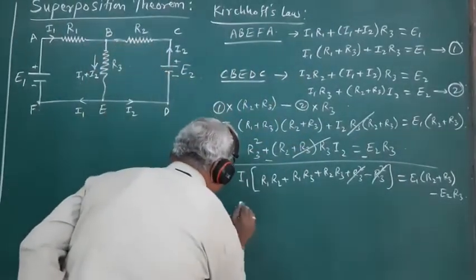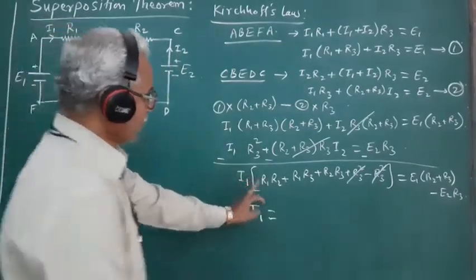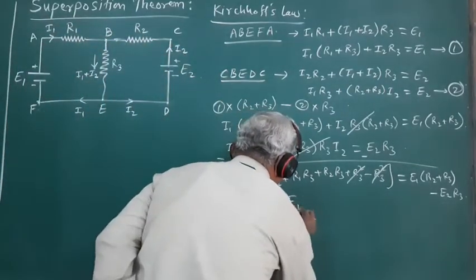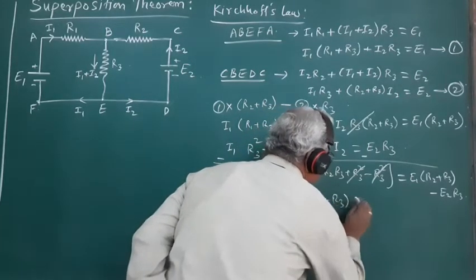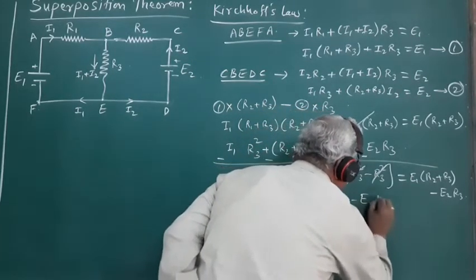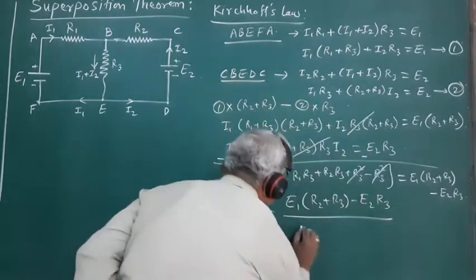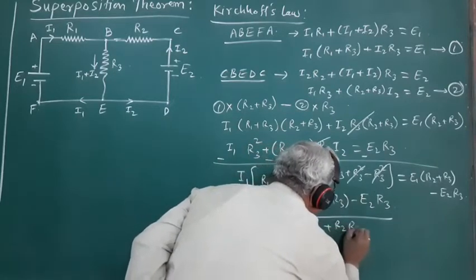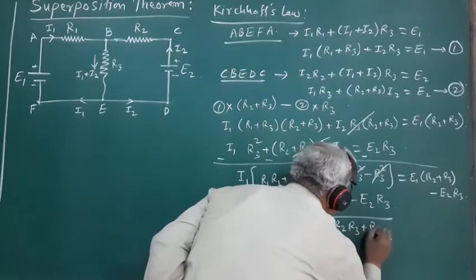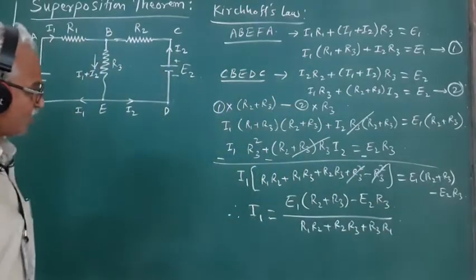So we get the expression for I1 to be equal to E1 into (R2 plus R3) minus E2 R3, divided by R1 R2 plus R2 R3 plus R1 R3. So that is the expression for I1.